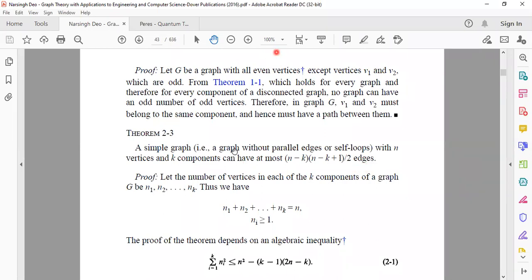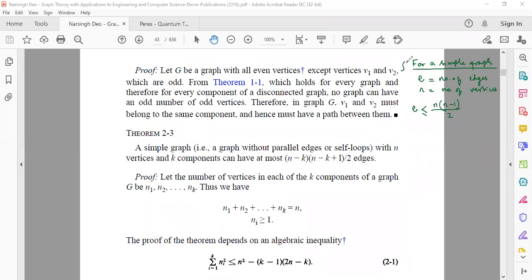Okay, now this is the generalized version of the proof that we did in our previous class. What we did in our previous class, if you can recall, is a similar type of problem where we showed that for a simple graph, if small e is the number of edges and small n is the number of vertices, then the maximum number of edges is n into (n minus 1) by 2.